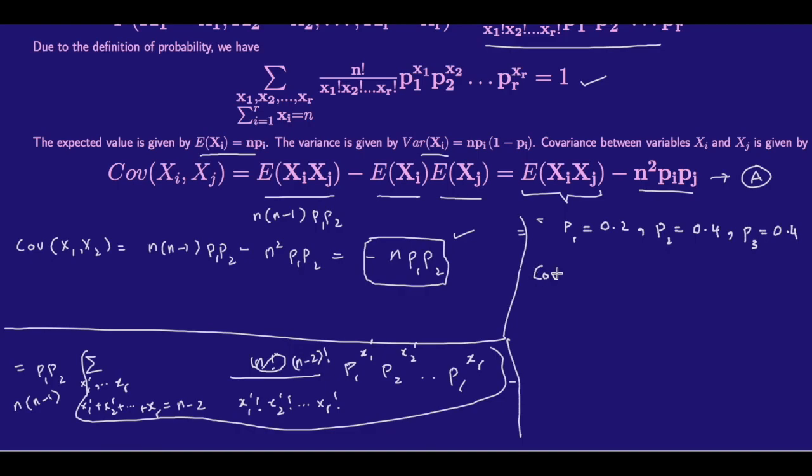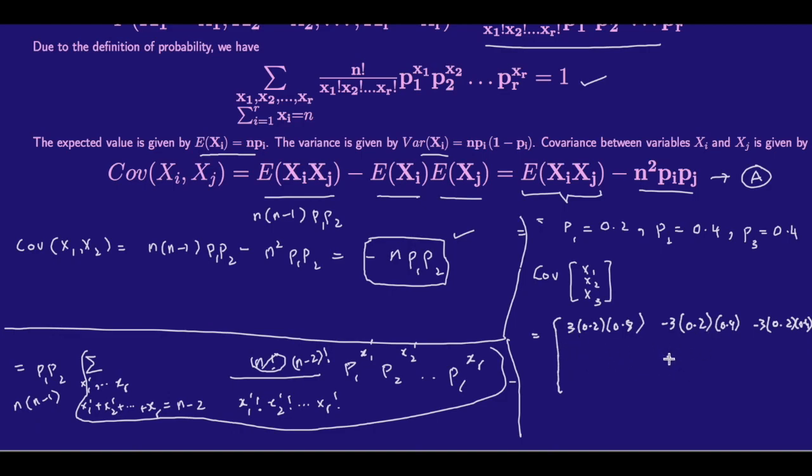So we can say the covariance of x1, x2, x3: the first entry is 3 times 0.2 times 0.8. The second one is negative 3 times p1, which is 0.2, times p2, which is 0.4. The third one is negative 3 times 0.2 times 0.4.